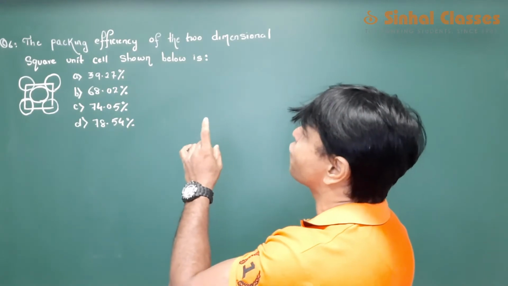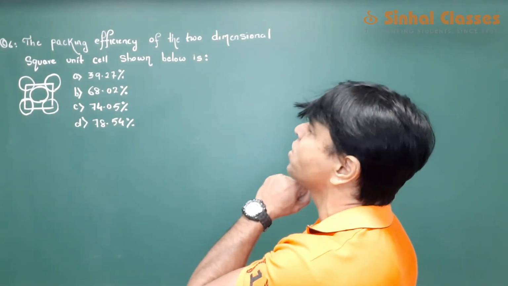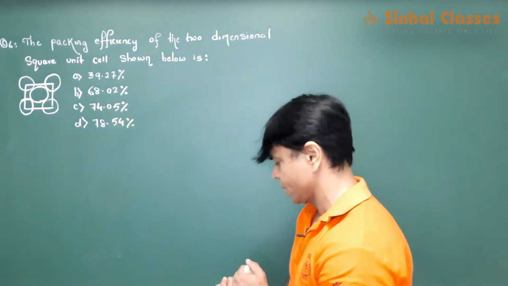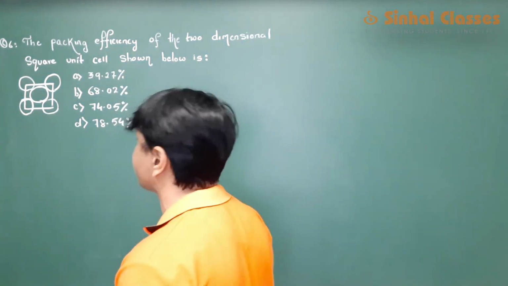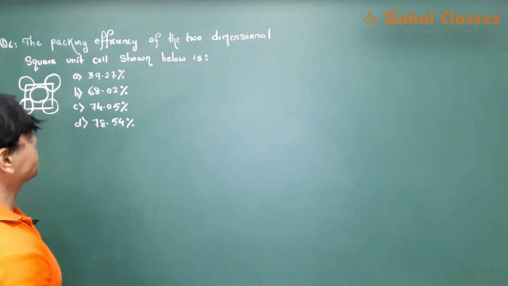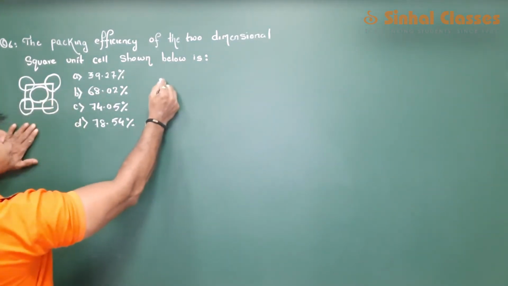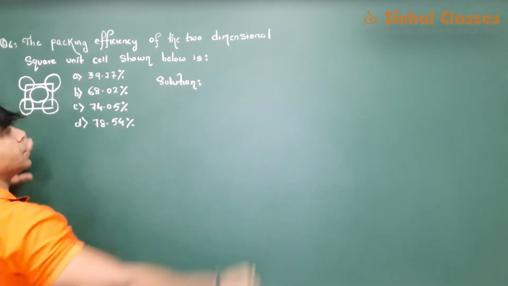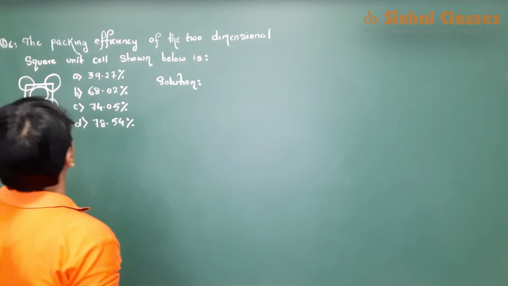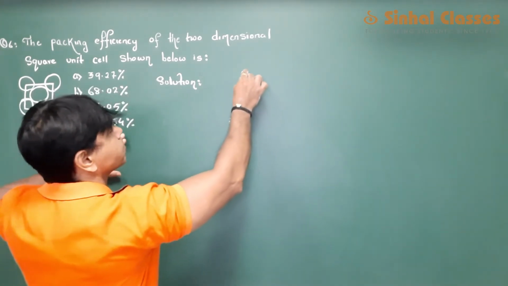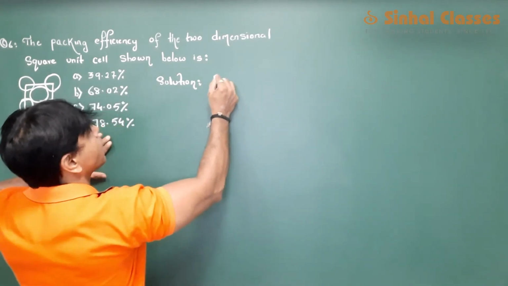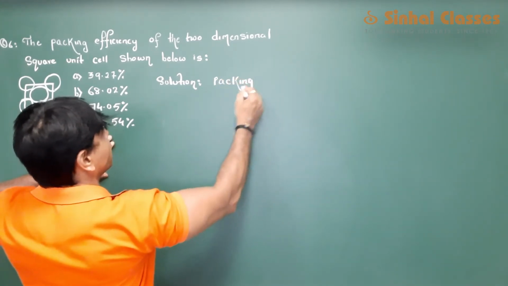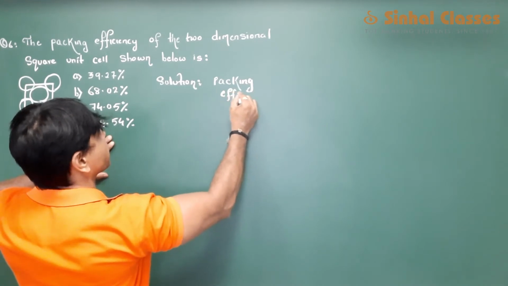The packing efficiency of the two-dimensional square unit cell shown below is. Now look at the structure very carefully. They are asking for packing efficiency. So how will you solve this question? Let's see. So first thing what you do is, I want the packing efficiency.